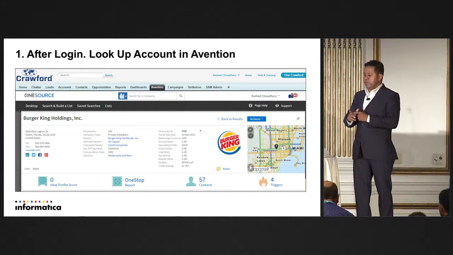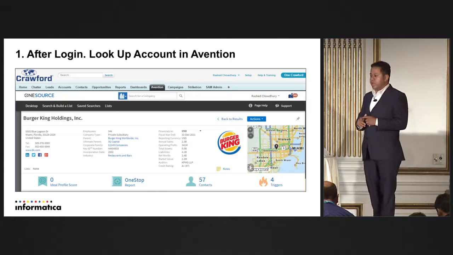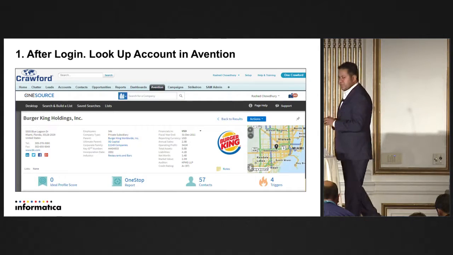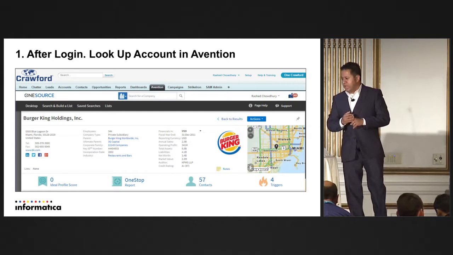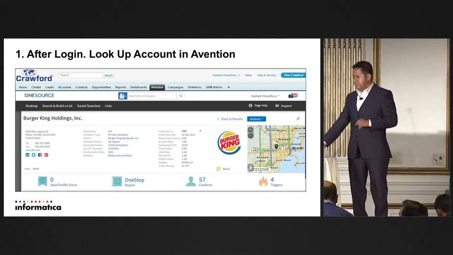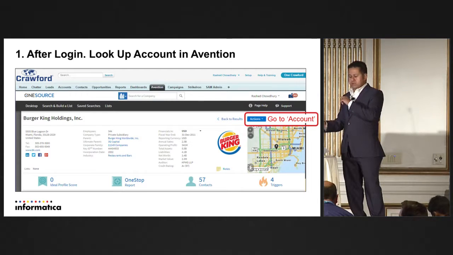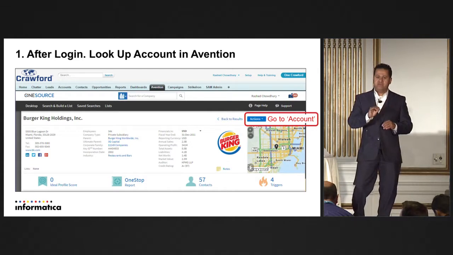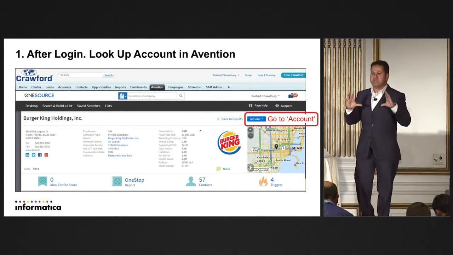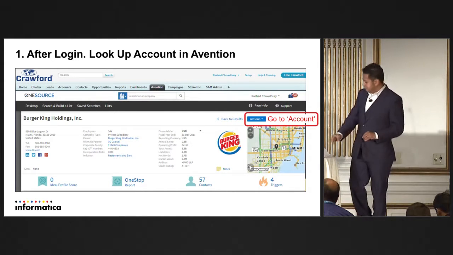In addition, it also provides mailing address, city, state, zip, phone, fax, URL, and some of the industry attributes like number of employees, corporate hierarchy, and things like that. And in one click, we can send this to account. So no user is ever creating an account from within the Salesforce screen. A couple of clicks, and the account is getting created.